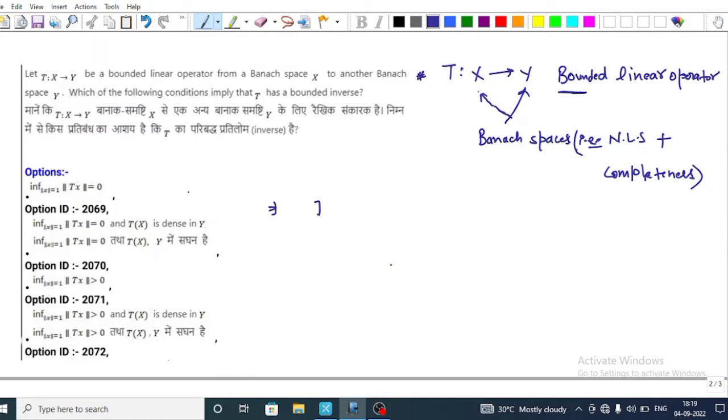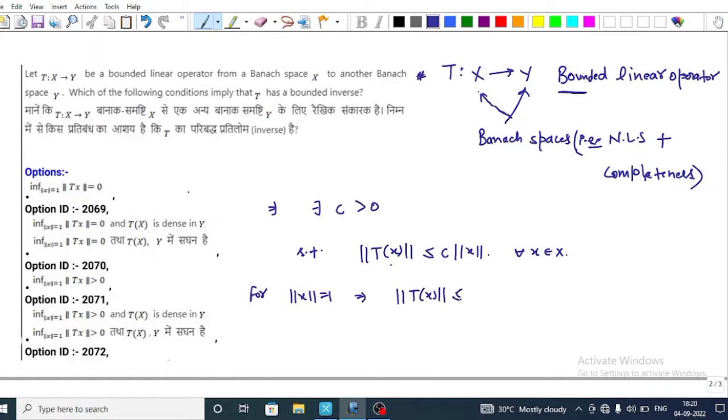This implies that there exists c greater than 0 such that norm of T of x is less than or equal to c norm of x for every x belongs to X. Now, for norm of x equals 1, this implies that norm of T of x is less than or equal to c for every x belongs to X with norm of x equals 1.